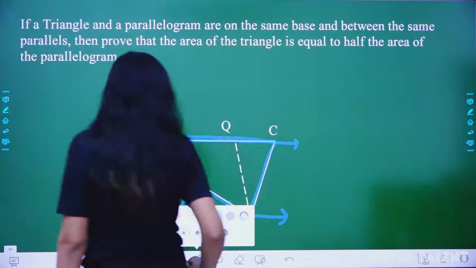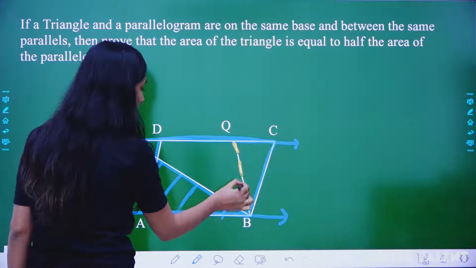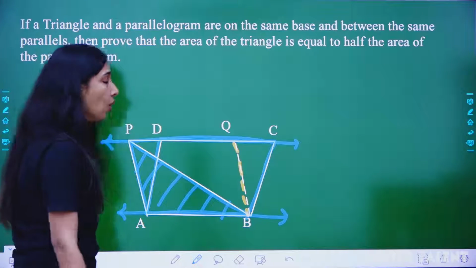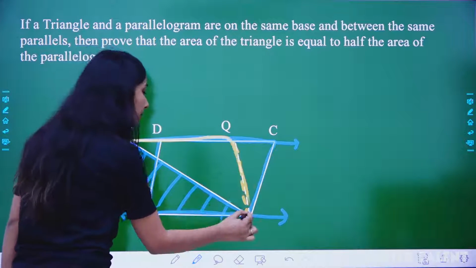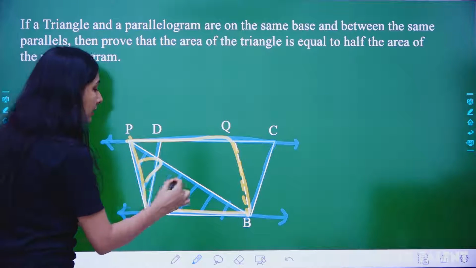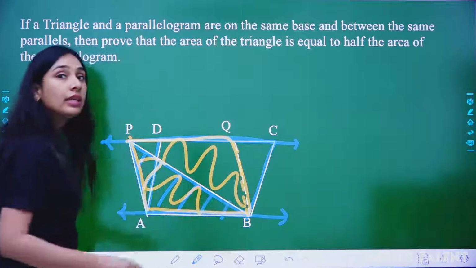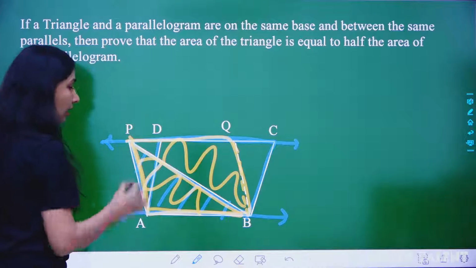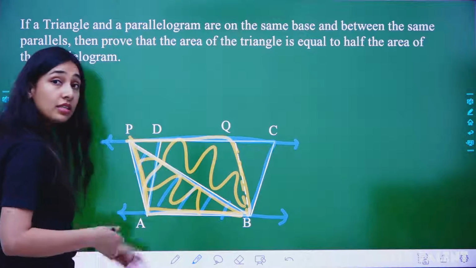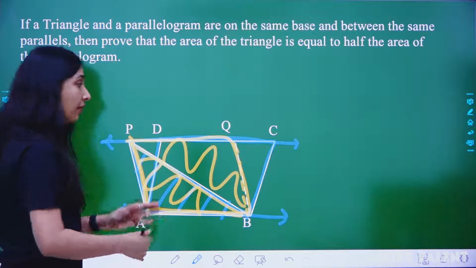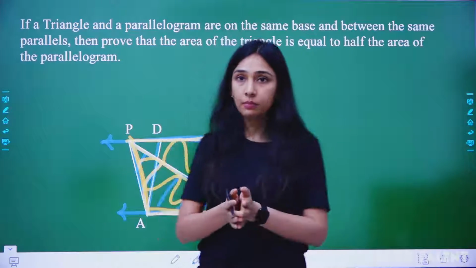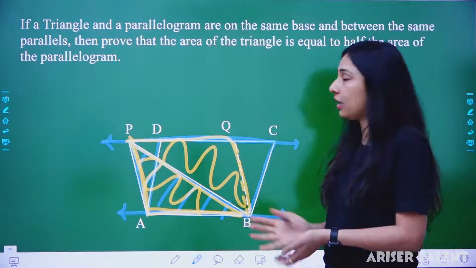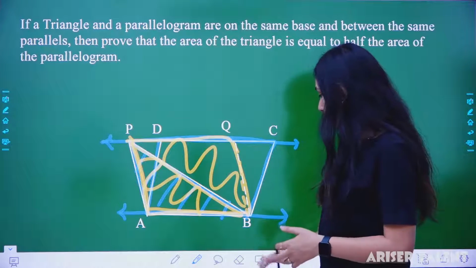For that, we construct a line parallel to PA and name it BQ. That will give a parallelogram, and we prove that these two triangles are congruent, so their areas are equal. Then the area of one triangle is just half of this particular parallelogram. But the parallelogram's area is also the same because they have the same base too. So by that we prove it indirectly. Okay, so this was about this question.